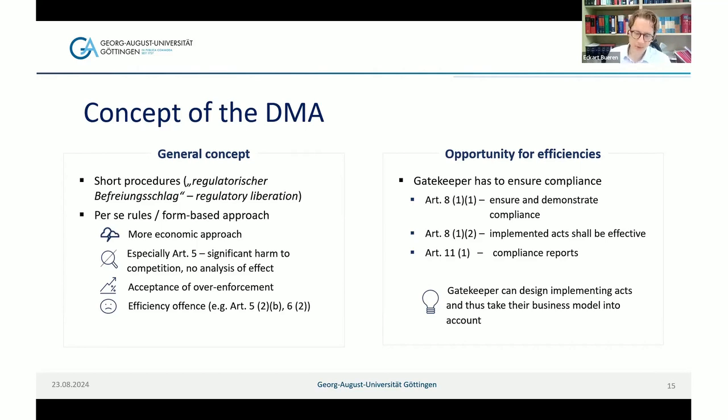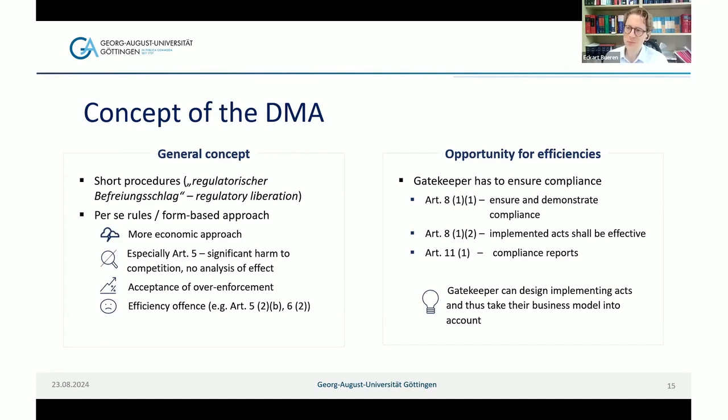And in an ecosystem, in a platform business, you usually have several ways to bring about certain effects. How can you implement vertical interoperability, which protocols do you use, etc. So you will have a certain margin of discretion how to ensure compliance. And the DMA gives this margin of appreciation to the gatekeeper for two reasons.